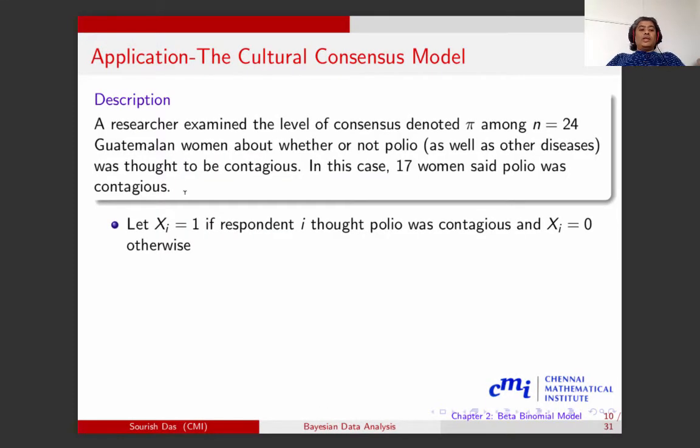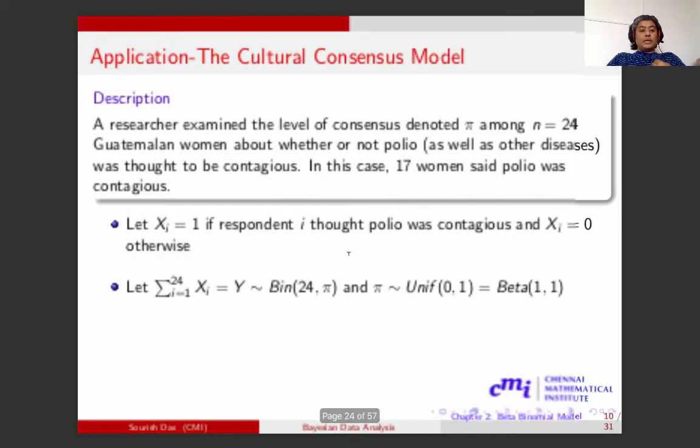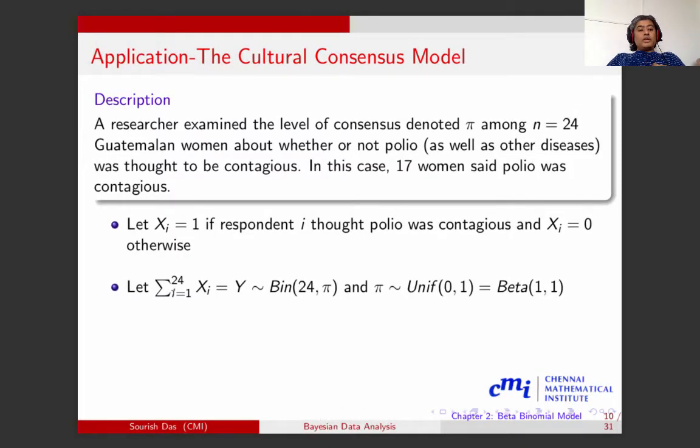So we can define our problem: x sub i equals 1 if respondent i thought polio was contagious and x sub i equals 0 otherwise. So the sum over i equal to 1 to 24 of x sub i equals y.